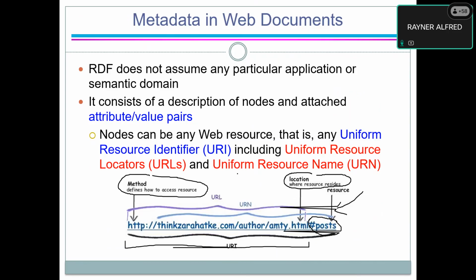So the whole thing is called a URI, Uniform Resource Identifier. So a URI will tell you what method is being used, where is the location, and what type of resource you are trying to retrieve. Okay.